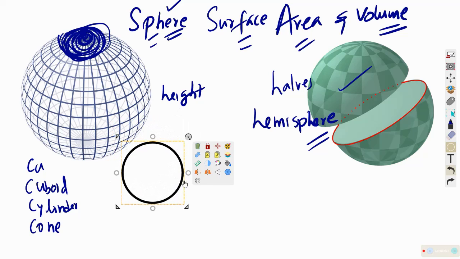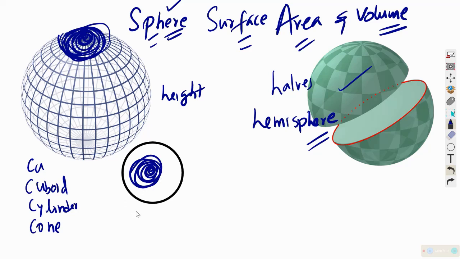If you draw 4 circles of the same radius and remove the thread from the ball and keep the same thread inside the circles like this, you will find that you can exactly fill up the thread in 4 circles of same radius. And we know the radius of this is equal to this. So if this is pi r square, the 4 circles will be 4 into pi r square. Thus the formula is 4 pi r square practically.